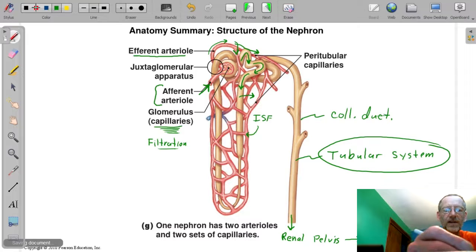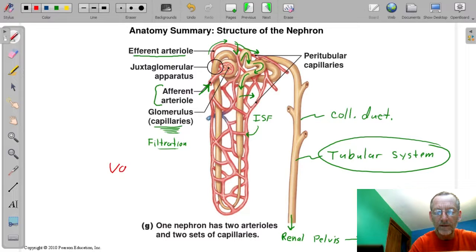And then you also have the vascular system, which includes the renal arteries, veins, and all their branches, and the afferent and the efferent arteriole, the peritubular capillaries. And while we're on this, I should mention that the blood vessels, the capillaries that wrap around the loop of Henle, are referred to as the vasa recta.